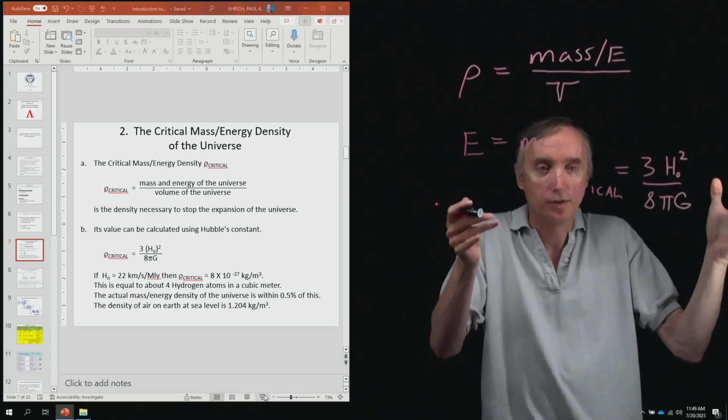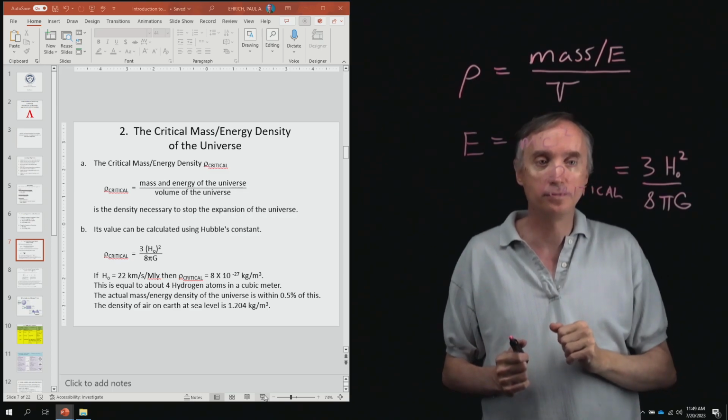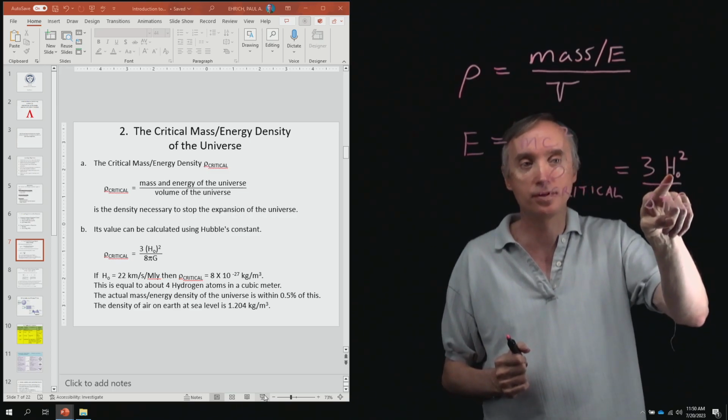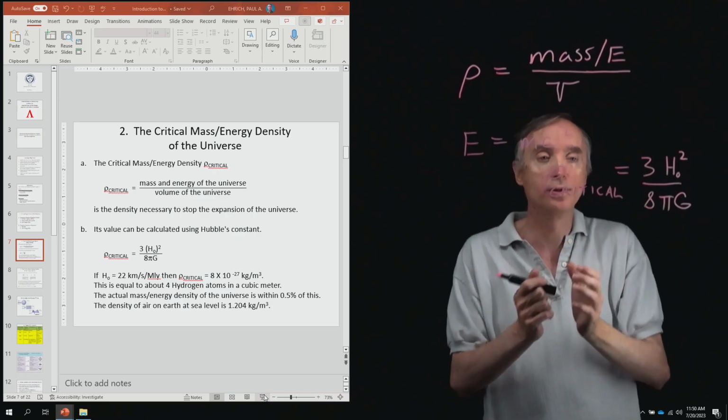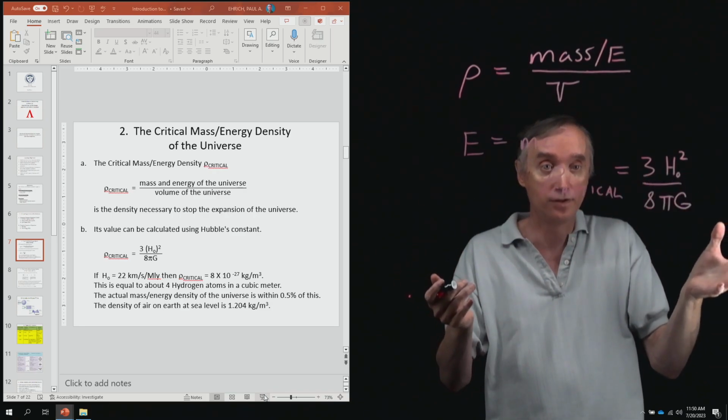Gravity is what's going to be trying to pull the universe in, and Hubble's constant is the thing that is related to the expansion of the universe.